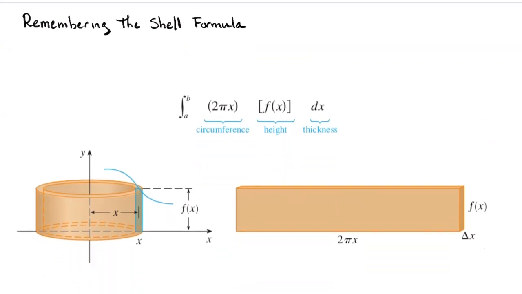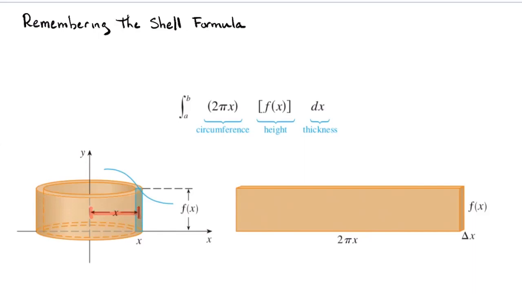Okay, let's do a couple of examples. Oh, sorry, before we do, this is a nice picture for remembering that shell formula. This shell has a radius, the x coordinate. In general, we'll talk about this tomorrow, it's the distance to the axis of rotation.